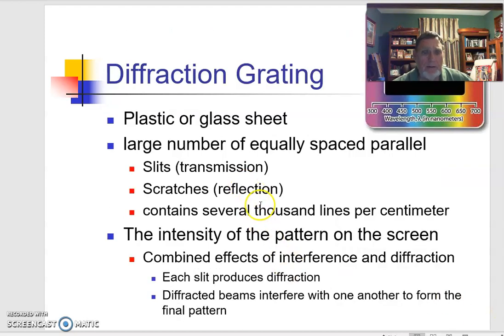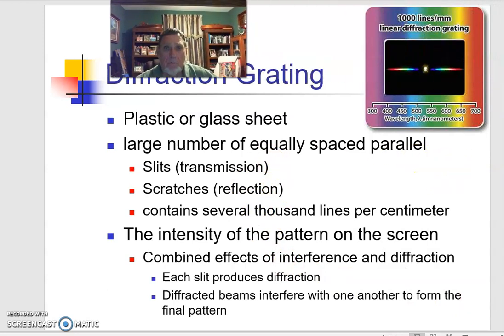The other thing for diffraction is we talked a little bit about diffraction gratings, and we took our double slit and said you could expand it. The diffraction grating is usually a piece of glass or plastic with literally hundreds of small scratches, small grooves that have been cut in it, several hundred per inch sometimes, and it will diffract the light for the same reason you get the interference effect.